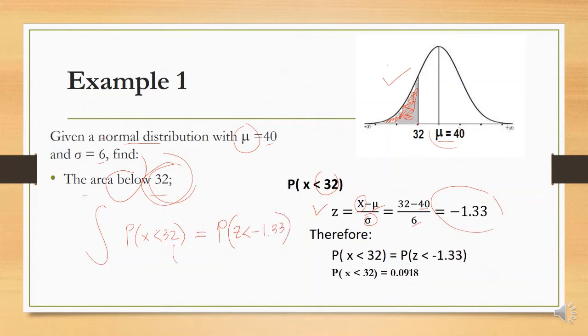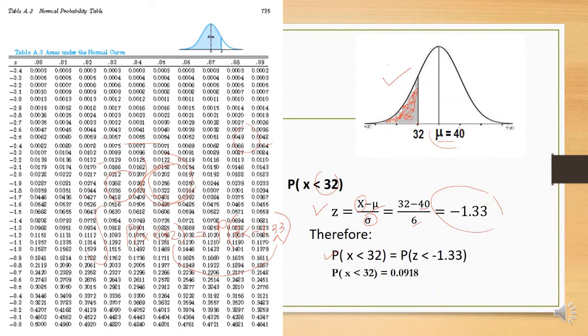Basically, we converted the 32 to the z variable. Okay? Now, since it is less than, remember, the table we will use is the areas under the normal curve. There it is, areas under the normal curve. So what you do is look for negative 1.33. This is negative 1.3, and what is missing is the 0.03 to make 1.33, and we look for the intersection.